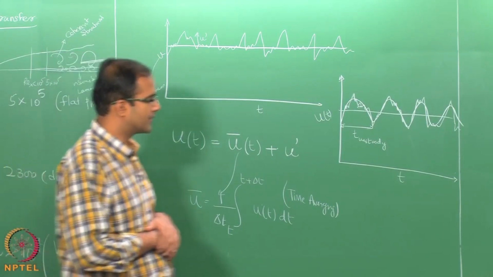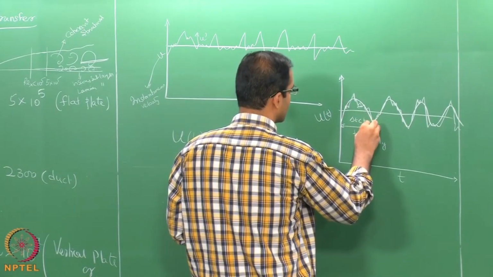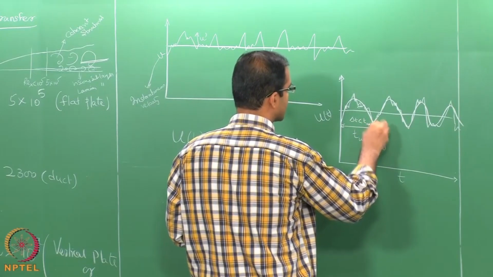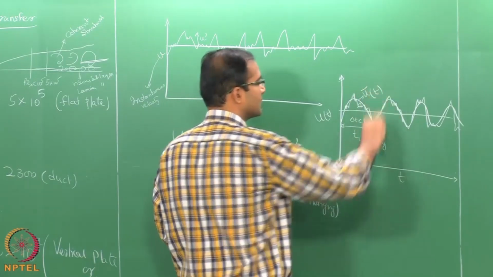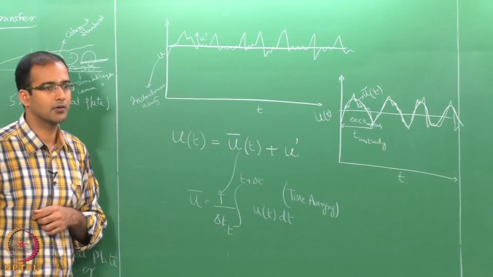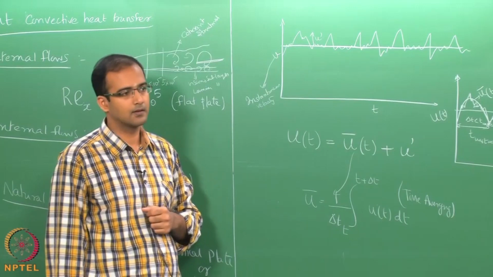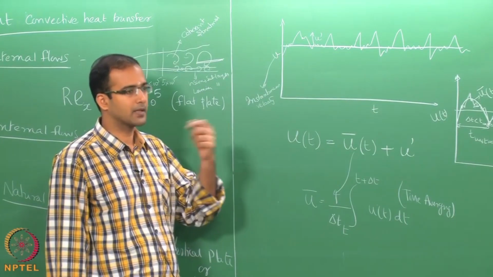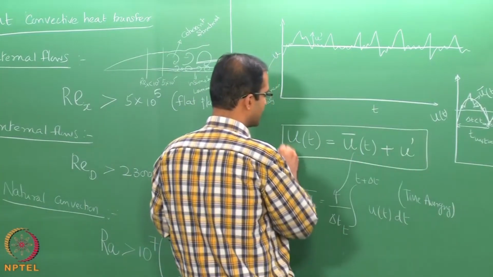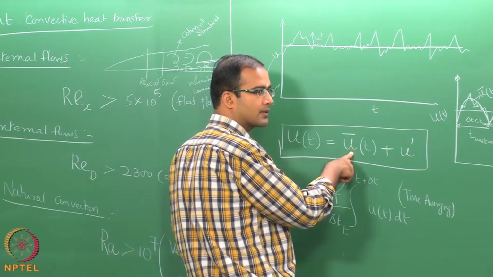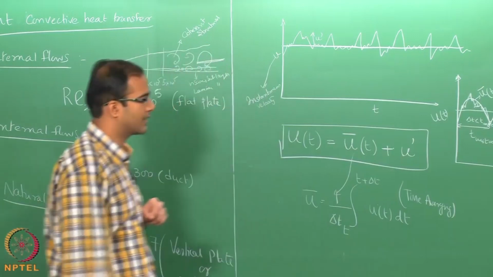If you select that delta t appropriately, then you should be able to reconstruct u mean, which is actually a function of time. This shows that there is a periodic unsteadiness in the flow pattern, the mean flow itself, and this comes after you apply the appropriate smoothing. Therefore, the correct representation is to say that an instantaneous velocity can be decomposed into a mean, which is a function of time, plus the fluctuating component.